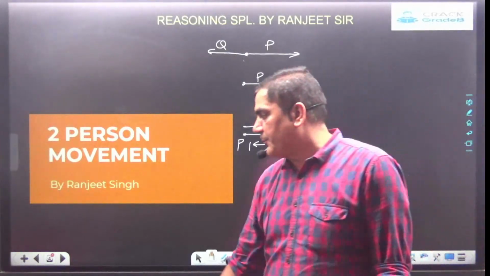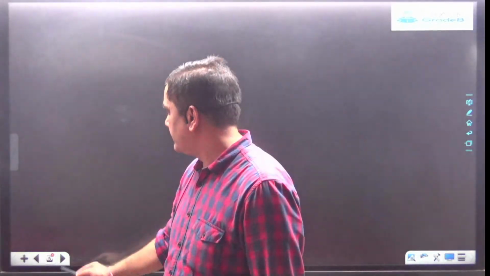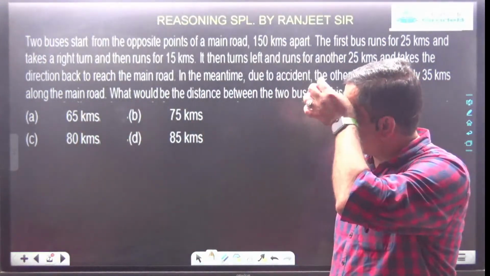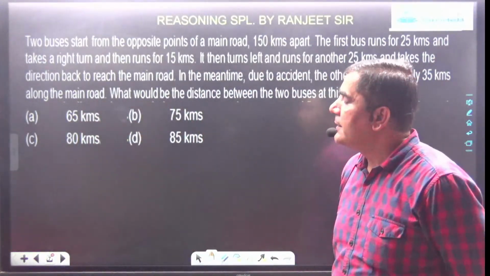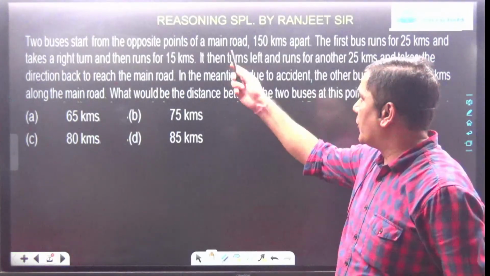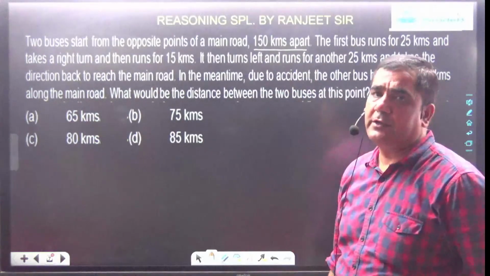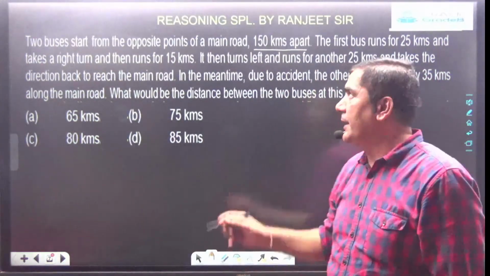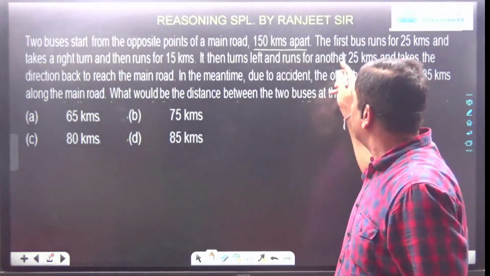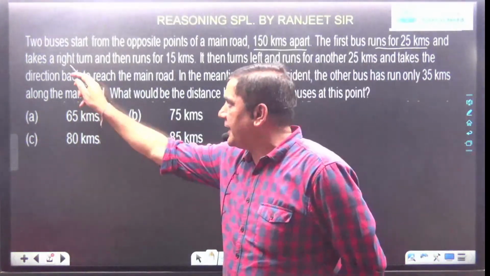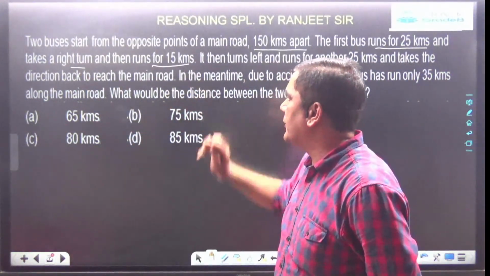Okay, let's start with one problem. This question has come previously in your banking examination. Two buses start from the opposite points of a main road, 150 kilometer apart. The first bus runs for 25 kilometer and takes a right turn and then runs for 15 kilometer.